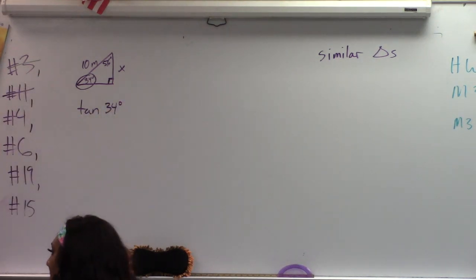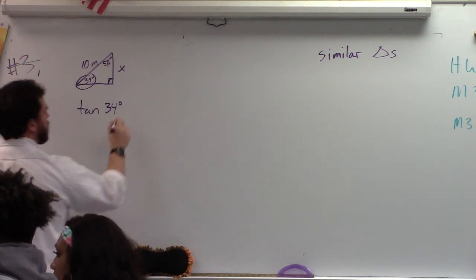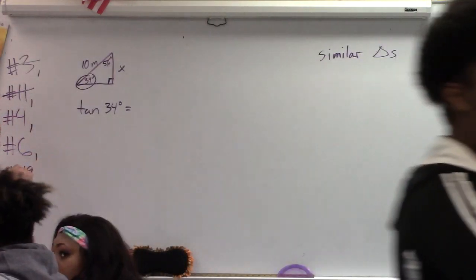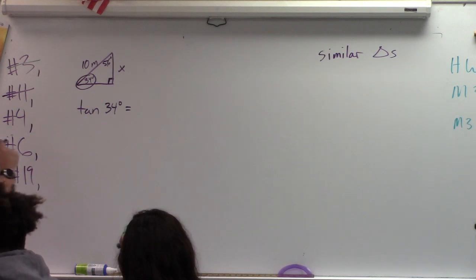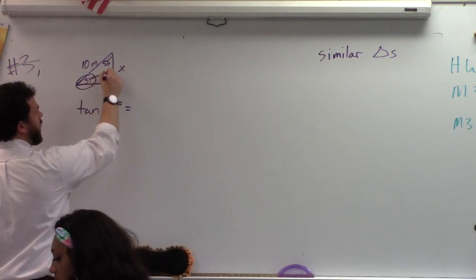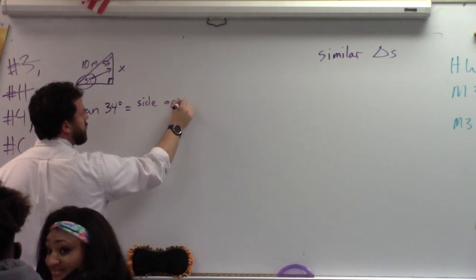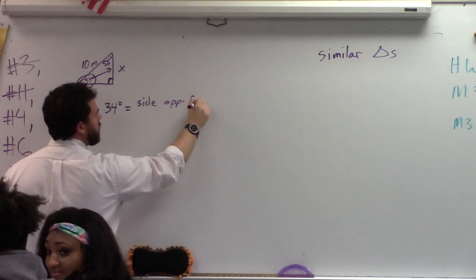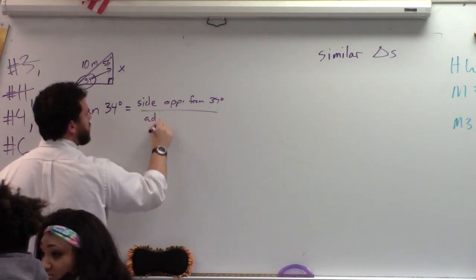Alright, how do we calculate tangent? Okay, what side is opposite from 34? Yes. So the side opposite from 34 degrees divided by the side adjacent to?